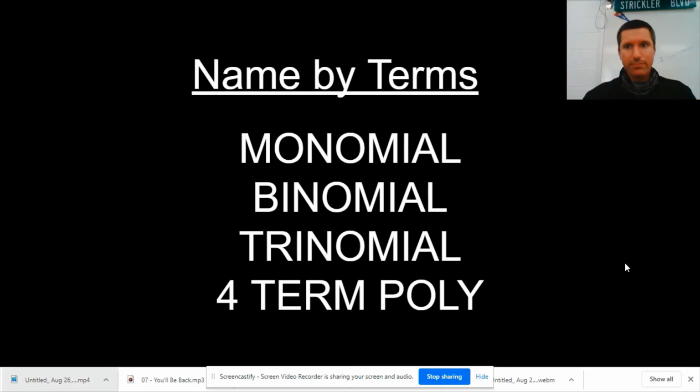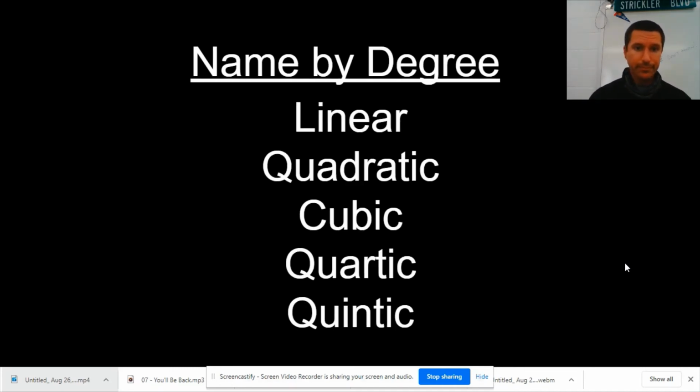So these are the names that we can associate with our polynomials, and of course we could keep going, 5-term polynomial and so on. Then you're going to name it by degree. So anything that has a degree 1, you can stick a 1 next to linear, like x to the first, would be linear. Anything that is to the second is quadratic.